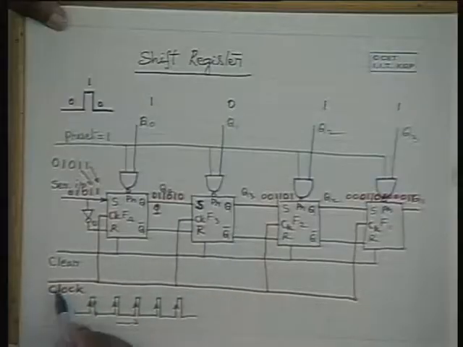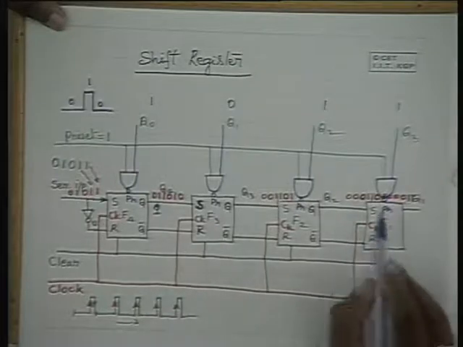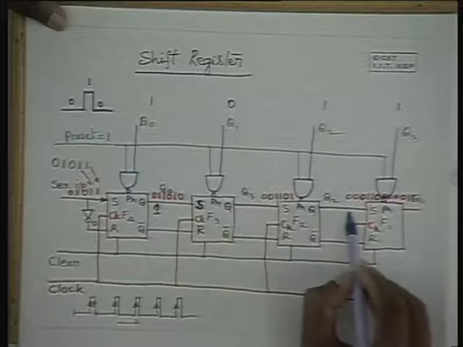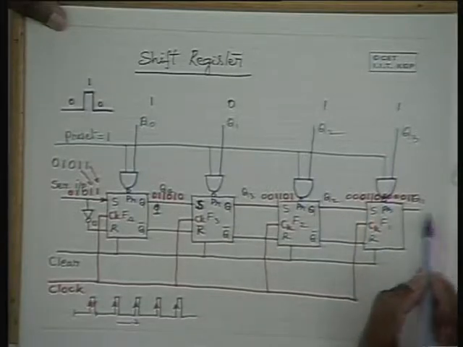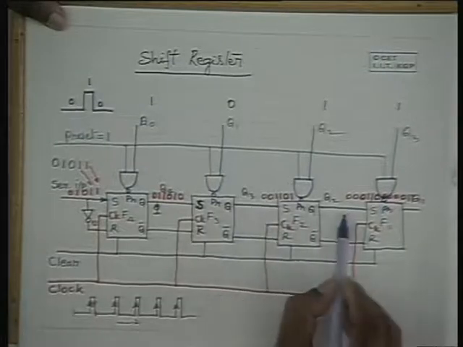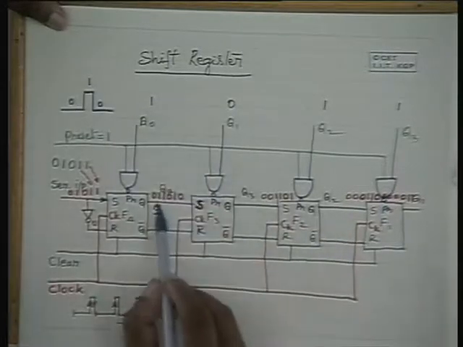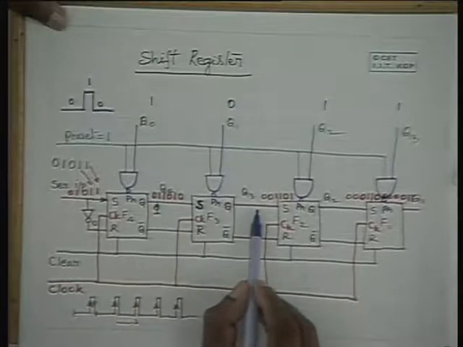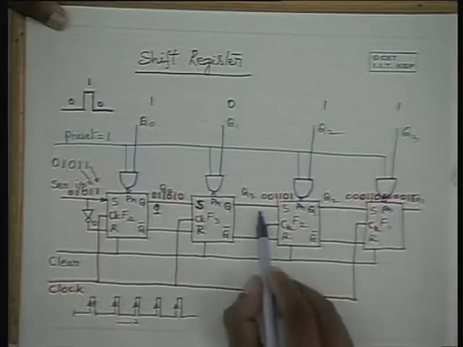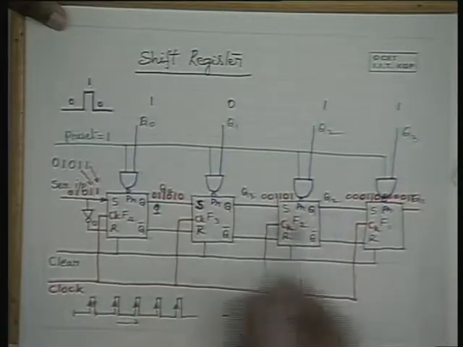Then you apply clock pulses. When you apply the first clock pulse, this one which appeared here will get shifted into this. So this 0 which got loaded here will shift into this, and this 1 which was loaded here will shift into this after the first clock pulse. Now after the second clock pulse, whatever was there here will be transferred here, whatever was here will be transferred here, and so on.